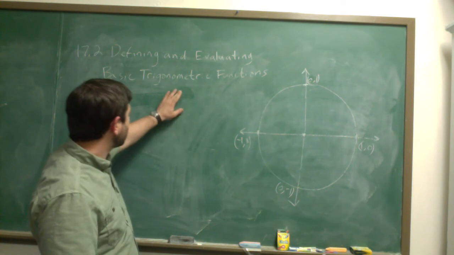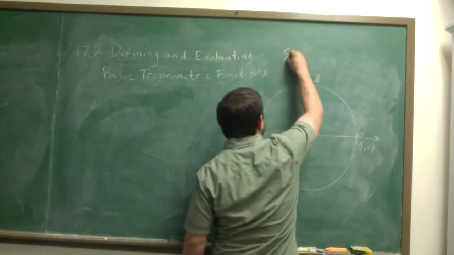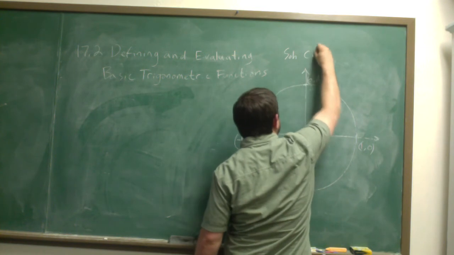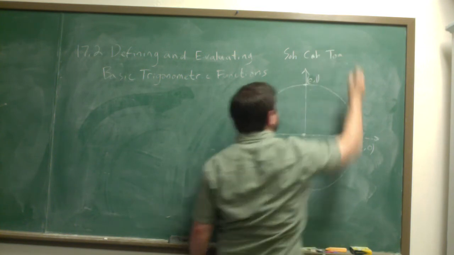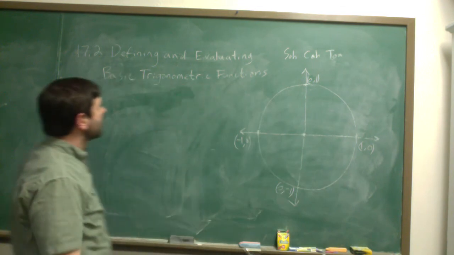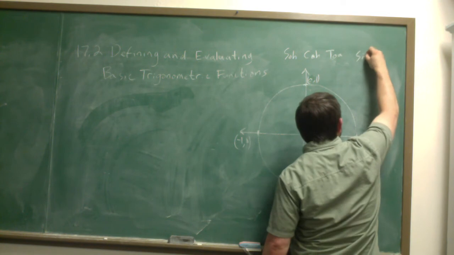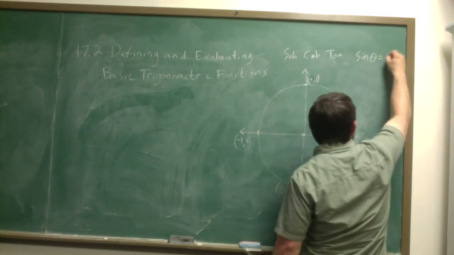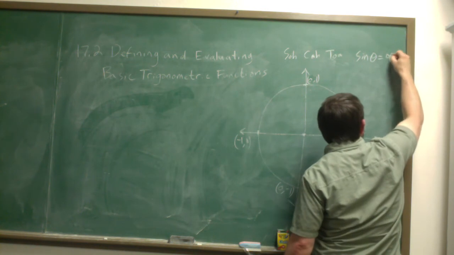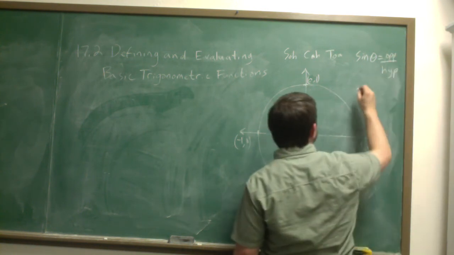We'll be working with SOHCAHTOA, sine, cosine, tangent. SOH means sine of an angle, theta is an angle, equals opposite over hypotenuse.